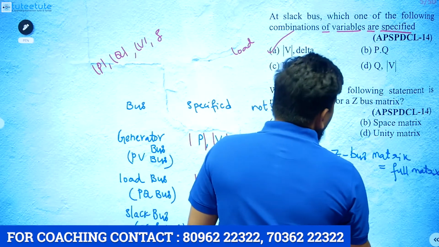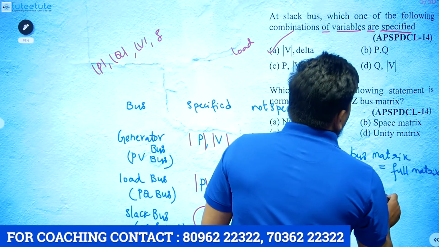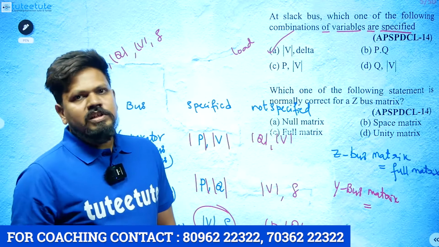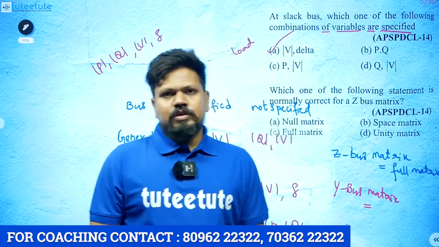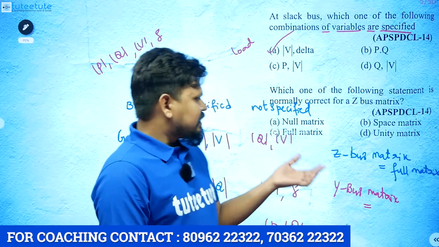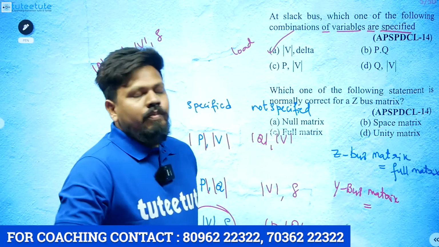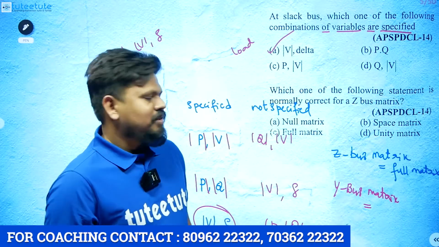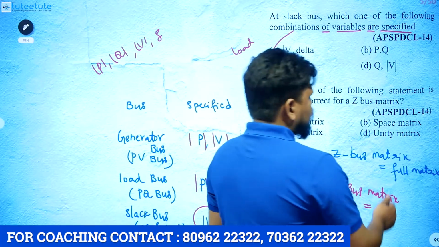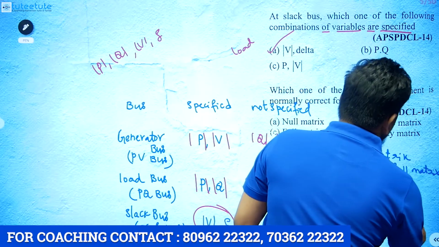Whereas the Y bus matrix represents the admittances from bus to bus. We will see how to make the Z bus matrix and the Y bus matrix in some other questions, maybe in this session or the next. The Y bus matrix is a sparse matrix.